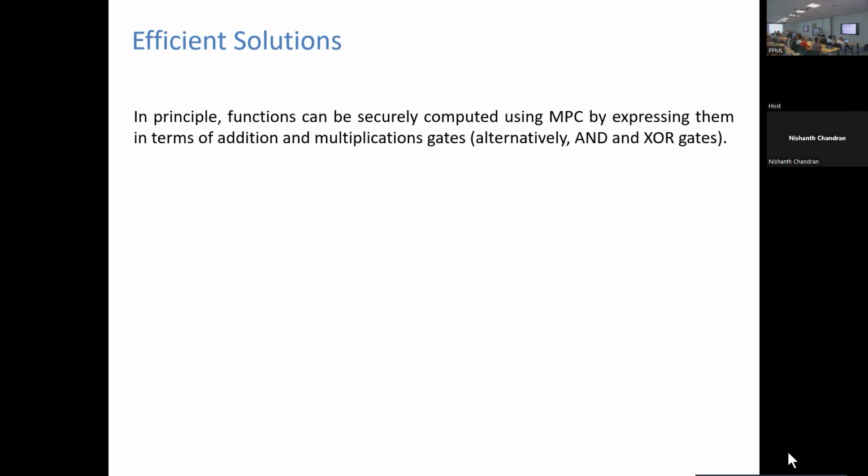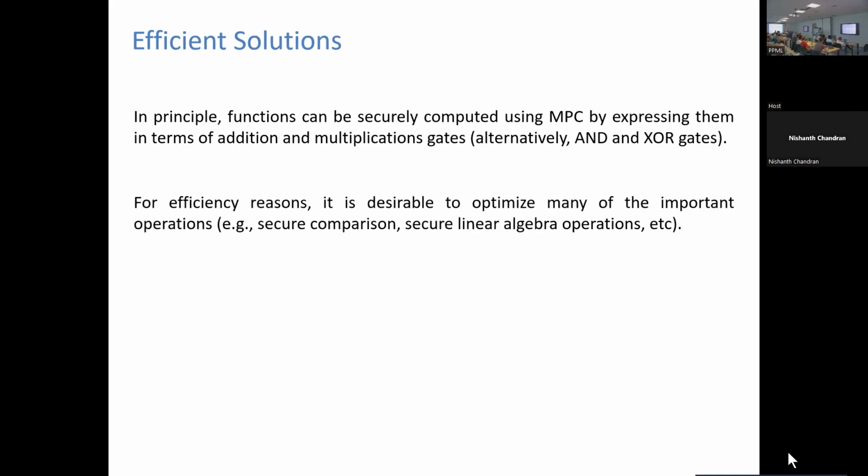As I mentioned yesterday, in principle we can represent functions using multiplication and addition gates, and we can compute anything using this, or using a universal set of gates. But would you do that? Would you just pick any circuit representation and try to implement it? That would be very, very inefficient.